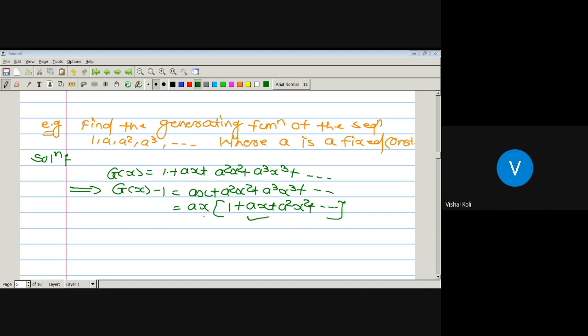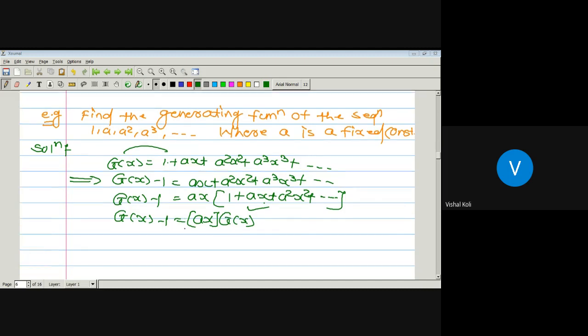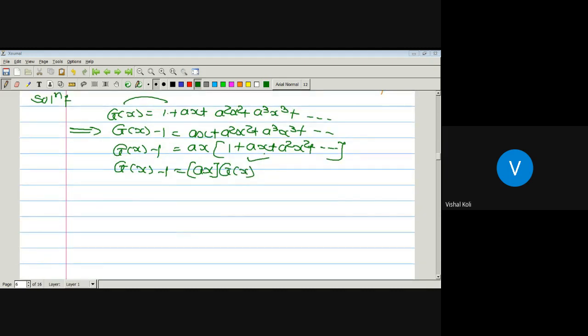But what is the value of this one? This is nothing but the g of x, that is the generating function 1 plus ax plus a square x square plus a cube x cube. So it is ax into g of x. Now just divide both sides by a into x. Then g of x minus 1 divided by ax is equal to g of x. So it can be written as 1 divided by ax minus g of x, equal to g of x.